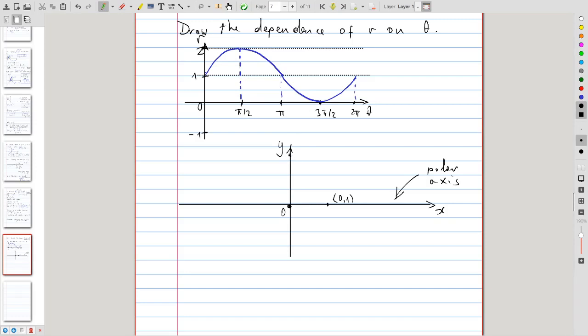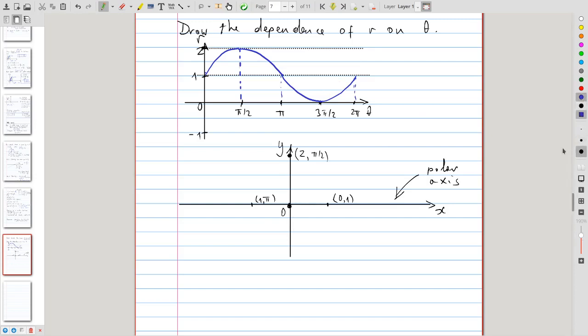So I'll have to put a point somewhere here on this axis. Then for this direction, which corresponds to theta equal to pi, I have the point with, again, r equal to 1. So I have a symmetric point to this one here. So this is the point 1 pi. And finally, for theta equal to 3 pi over 2, which corresponds to this axis here, I have r of 0. So my intercept will coincide with the origin.